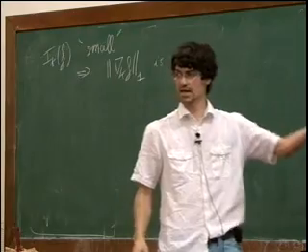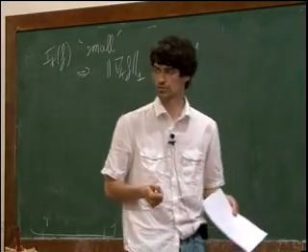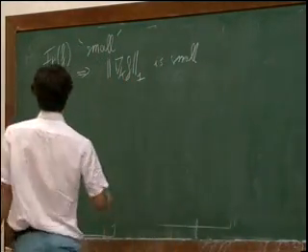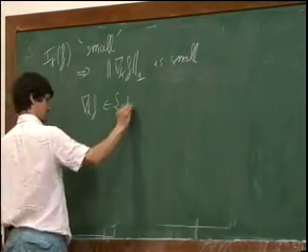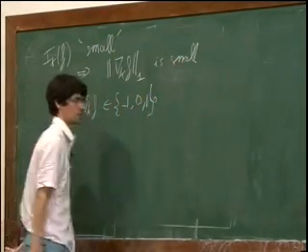But now this function is almost like an indicator function, right? Delta k of f has values in -1, 0, 1.